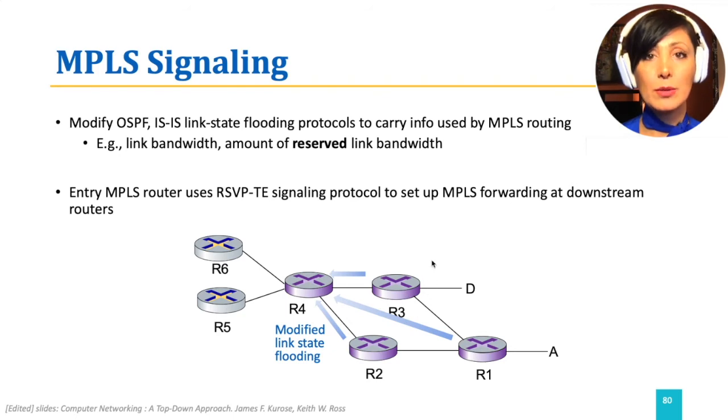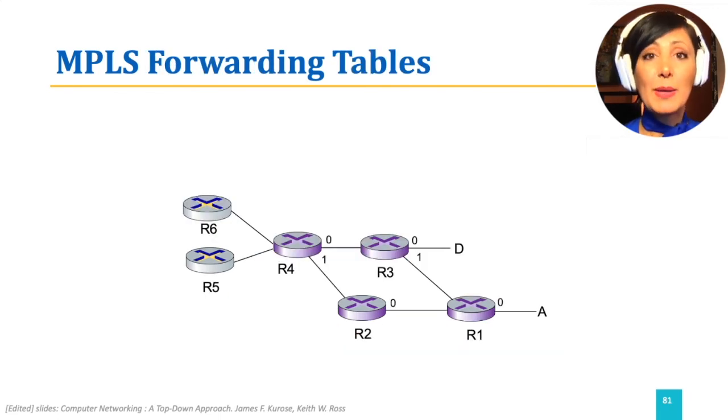For example, R4, the entry router here, knowing the reachability and available bandwidth from other routers, can set up a switch path towards A. Let's expand a little bit on the same example. Routers R1 to R4 are MPLS capable. Routers R5 and R6 are standard IP routers. We want to route packets from R6 towards destination A, which is connected to router R1.